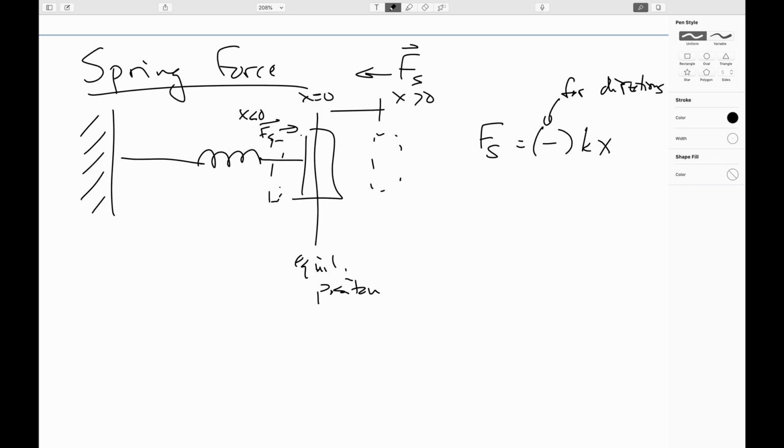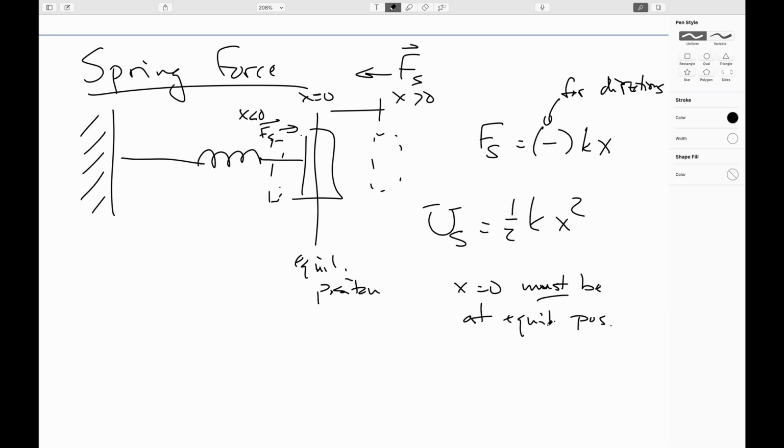So it turns out that our potential energy function for the spring is 1/2 kx squared, where x is the stretch. And here, x equals 0 must be at the equilibrium position. So we are not free to choose where x is equal to 0.